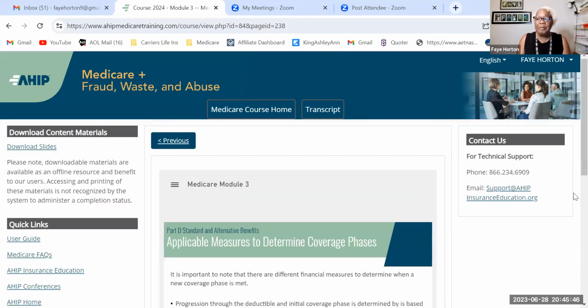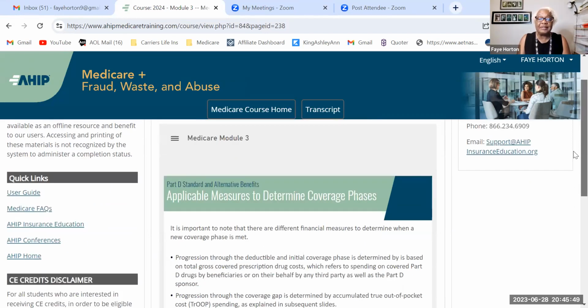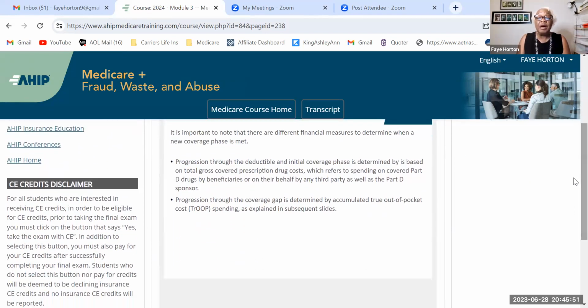Okay, applicable measures to determine coverage phases. It is important to note that there are different financial measures to determine when a new coverage phase is met. Progression through the deductible and initial coverage phase is based on total gross covered prescription drug costs, which refers to spending on covered Part D drugs by beneficiaries or on their behalf by any third party, as well as the Part D sponsor.